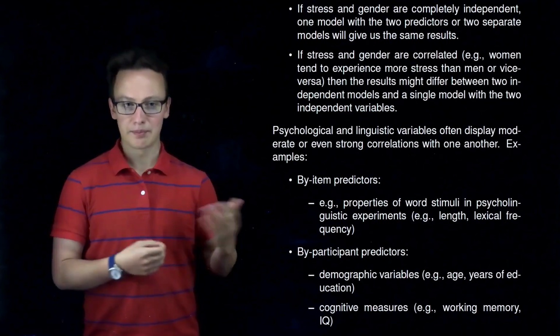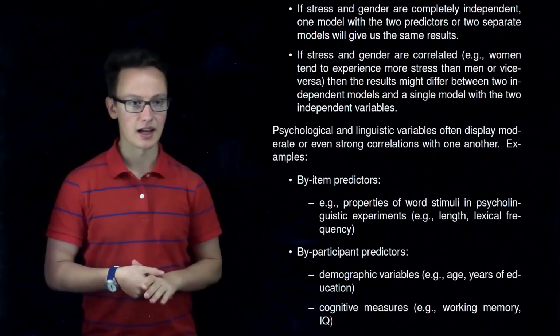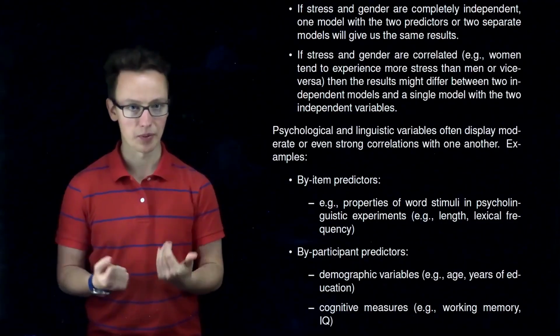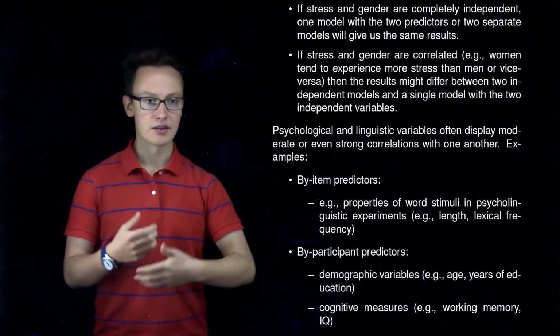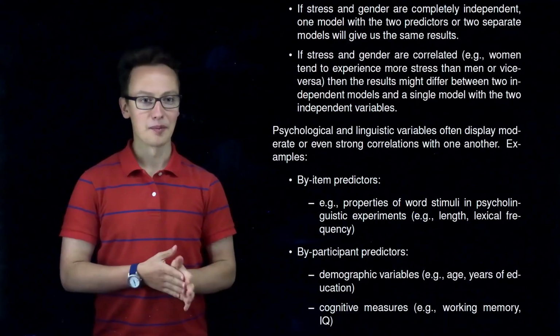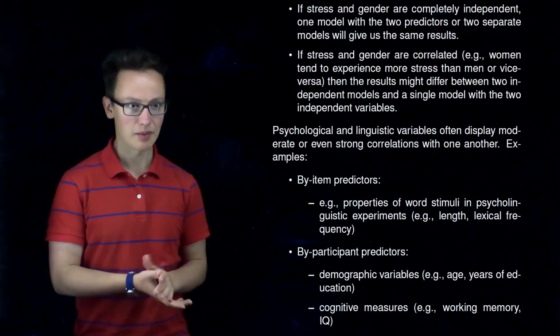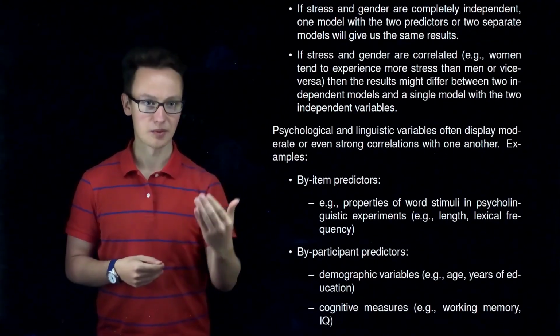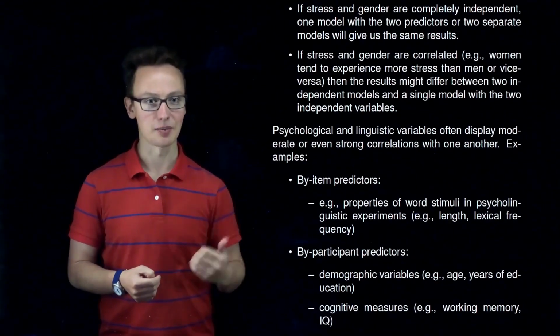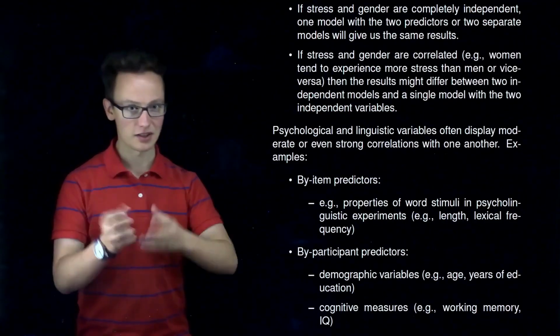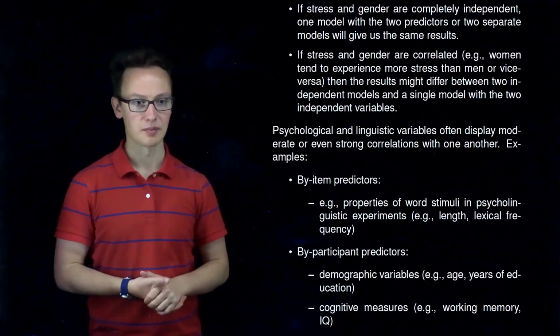And for by participant predictors, we could have things like, if we have, for example, the age of a person in years and their years of education, then this is also obviously correlated. So not perfectly again, but we can expect that maybe an older person will also have more years of education than a younger person. So these variables are not interchangeable, but they have a strong correlation between them.